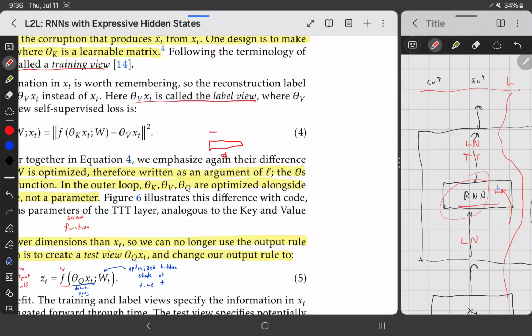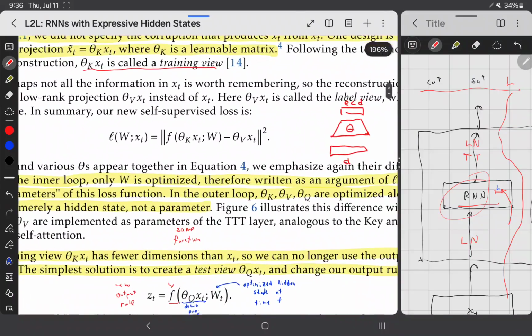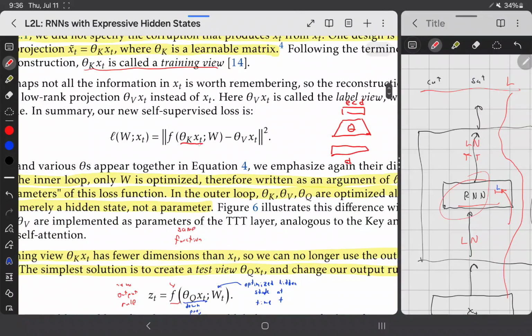And what they do is they have these down projections that they learn using these theta parameters. So this may be, I don't know, E, which is some dimensionality less than D. They down project the token, and we want the model, rather this inner model, to learn how to reconstruct this down projected token.